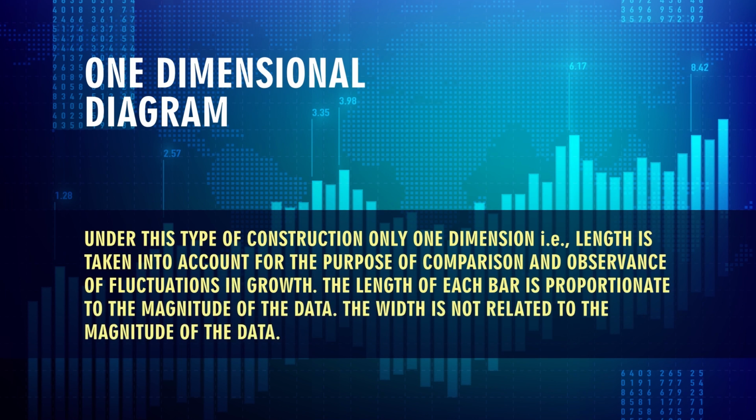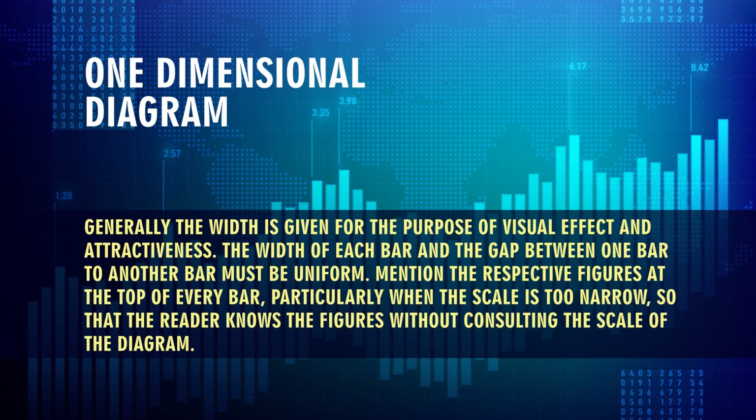So under this construction, only one dimension, that is length, is taken into account for the purpose of comparison and observance of fluctuation in growth. The length of each bar is proportionate to the magnitude of the data, and the width is not related to the magnitude of data. Generally the width is given for the purpose of visual effect and attractiveness.